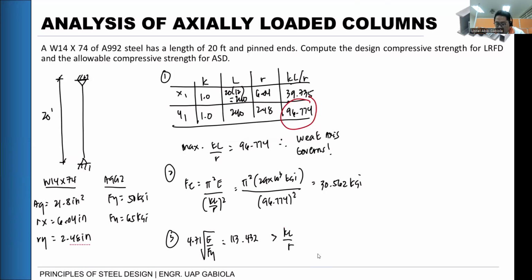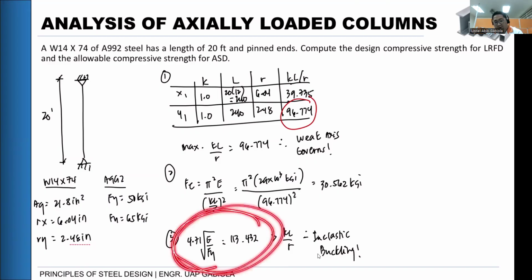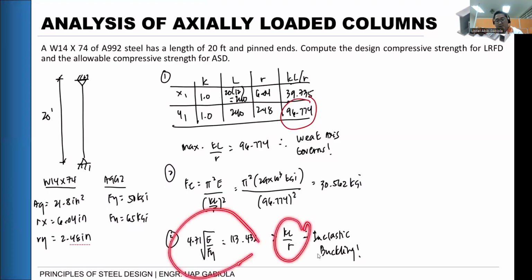So, ibig sabihin, inelastic pa din tayo. Inelastic. Okay? O baka biglang malito, no? Sabi pag greater than yung isang equation dapat. Hindi po, ano, nauna po yung 4.71, ano? So, kabaligtaran nito, KL over r is less than nitong 4.71.